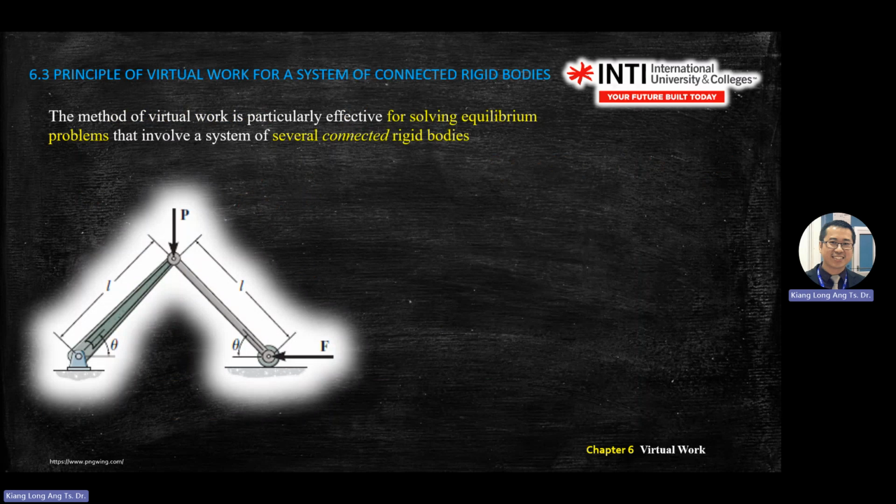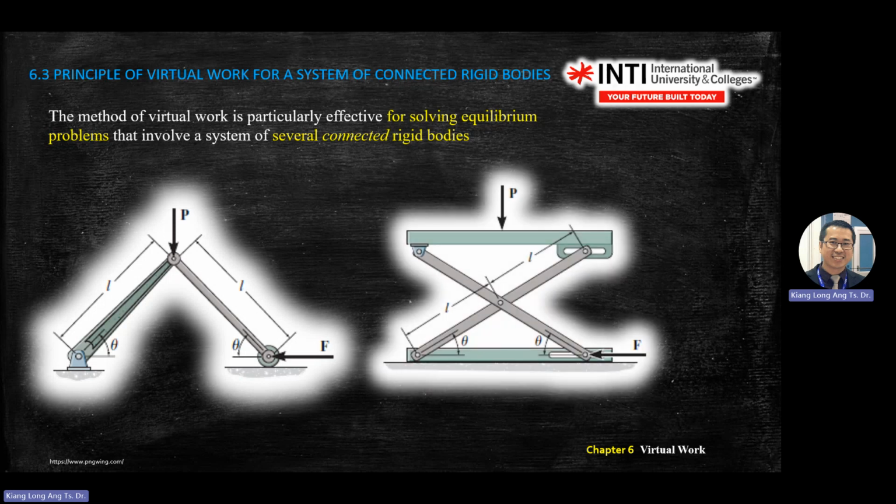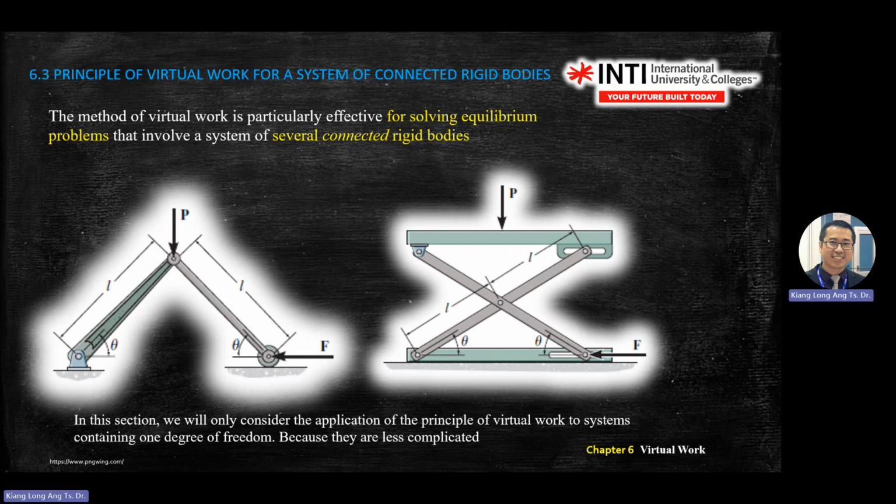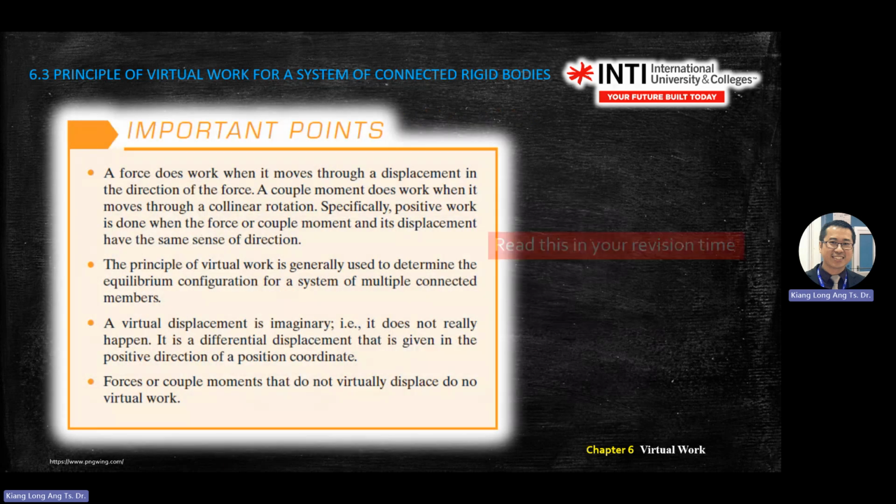Now, previously we stopped at these few slides. So what happens if you have connected rigid bodies and so on? You can still use the method of virtual work. If you see a question like this, it is a virtual work question.